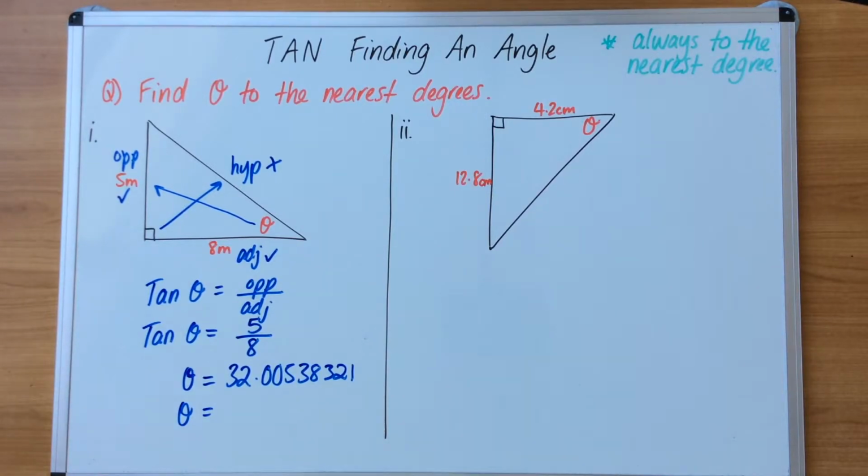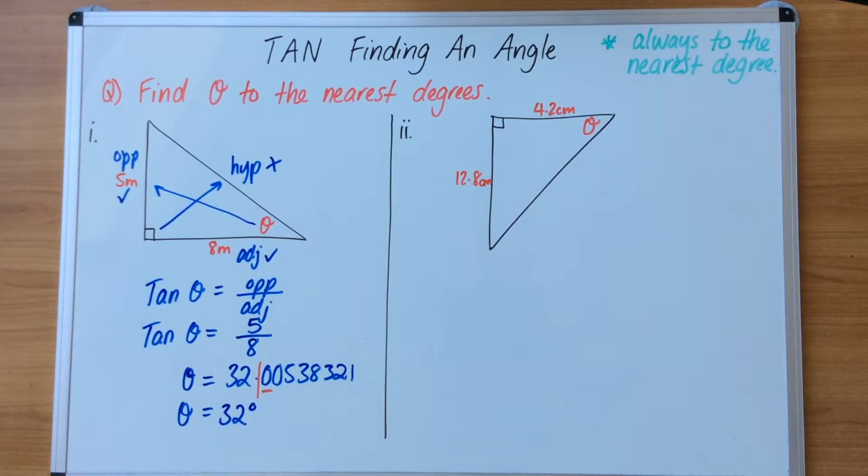Now remember, we have to find it to the nearest degrees. So we take our rounding and put it straight before the first decimal place. So we're actually looking at the first decimal place here to see whether we stay on that original whole number or we round up. And because we're sitting on zeros here, we know that we stay, and it's going to be 32 degrees.